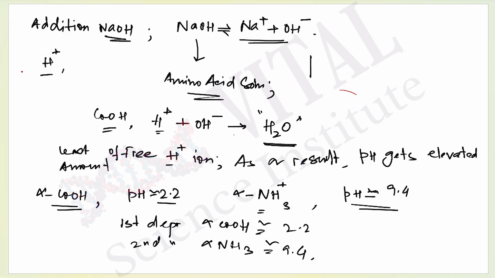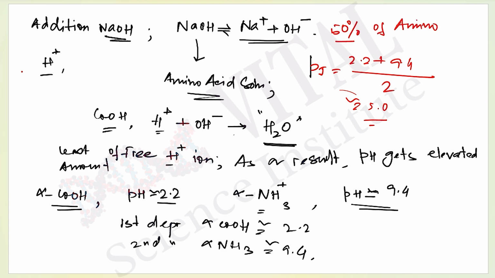So the pI of the solution should be 2.2 plus 9.4 divided by 2, which is approximately 5 point something. Near about this pH, 50% of the amino acids get deprotonated.